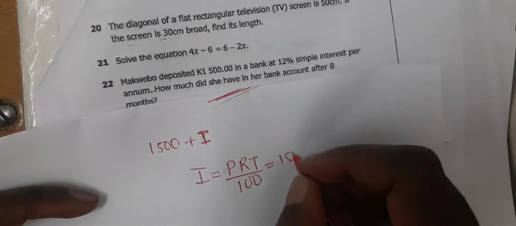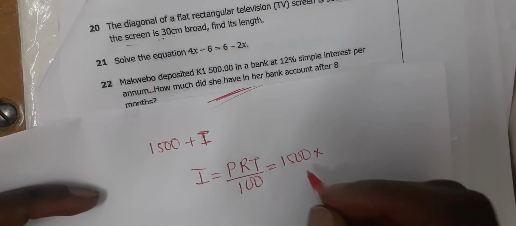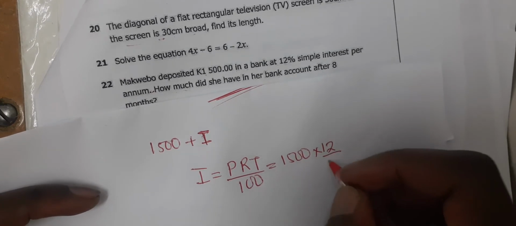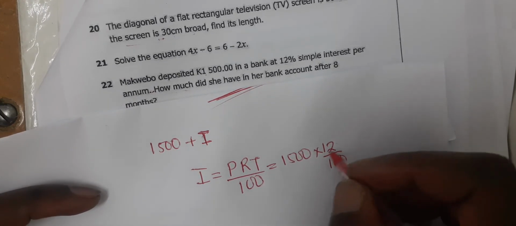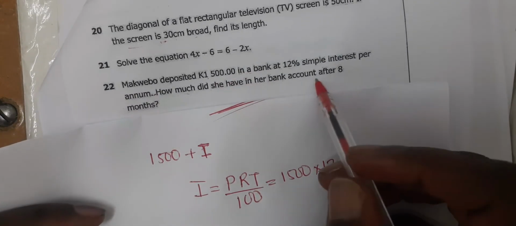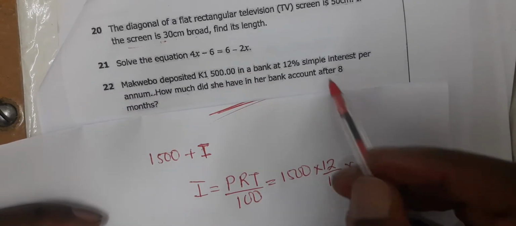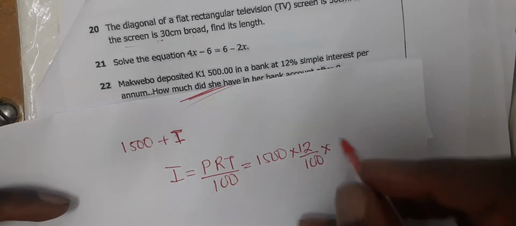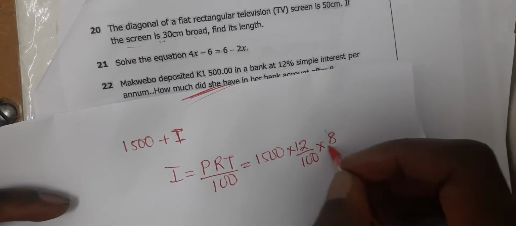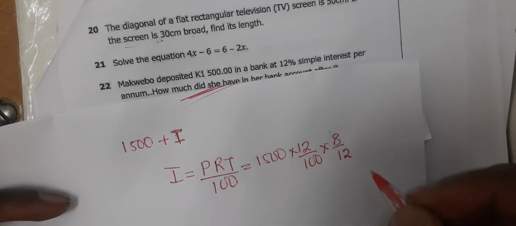It is 1,500 multiplied by the rate, which was what? 12 over 100. That is the rate, multiplied by 8 months. Now this is less than a year. So since it's months, we're going to say 8 over 12, which is 12 months.